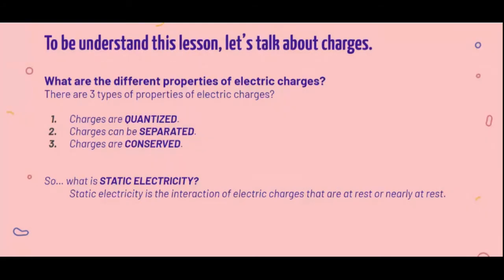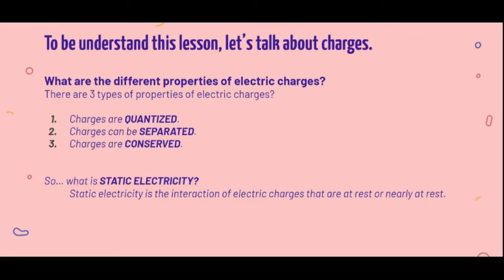So having these electric charges and their different properties, we can define electricity as an interaction of electric charges. But static electricity is the interaction of electric charges when they are at rest. Now, it doesn't mean that we are doing conduction; the electric charges are repositioning themselves.